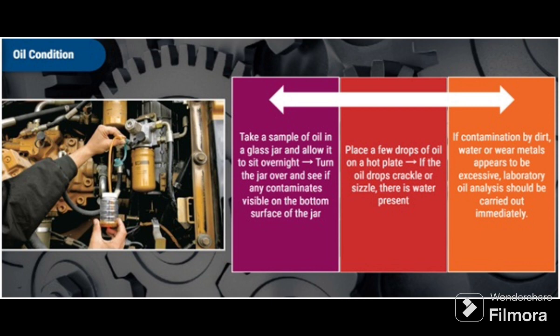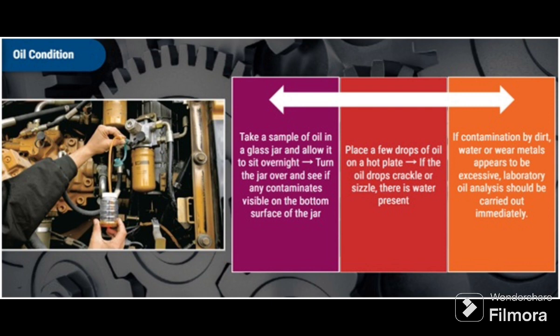If contamination is suspected, a sample of oil can be obtained in a glass jar, which is then allowed to sit overnight. When the jar is turned over, any contaminant will remain visible on the bottom surface of the jar. Water contamination in the lubricant can also be determined very quickly by placing a few drops of oil on a hot plate.